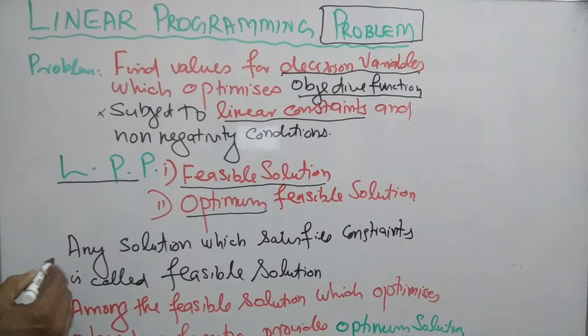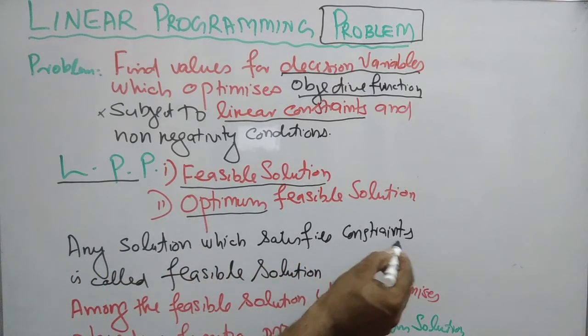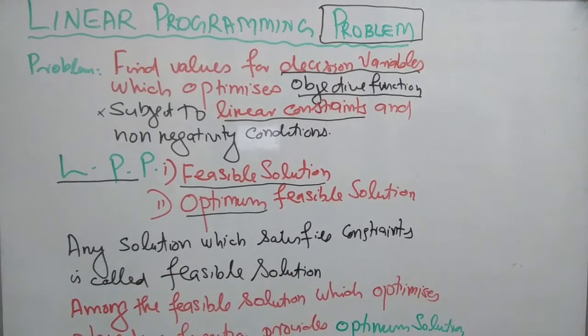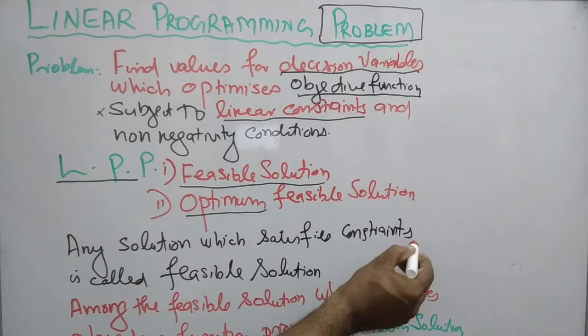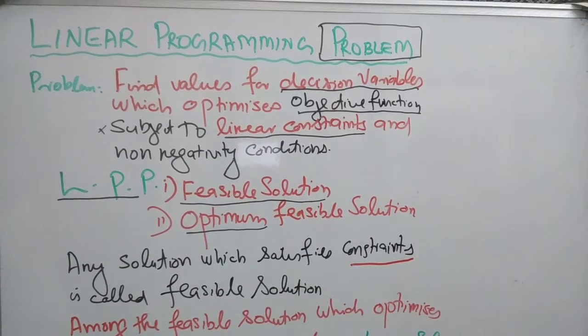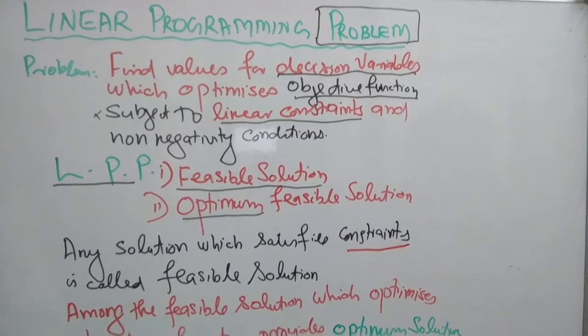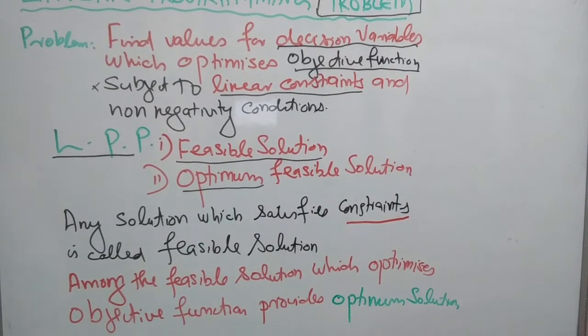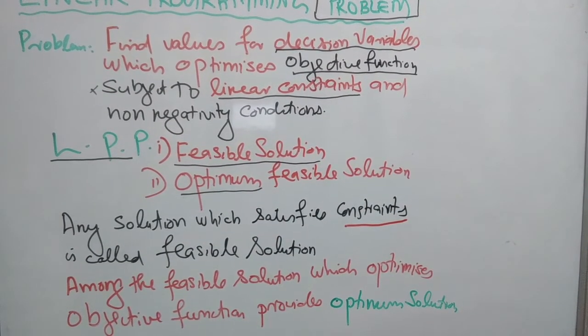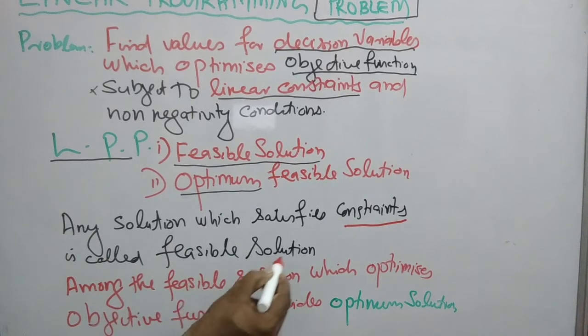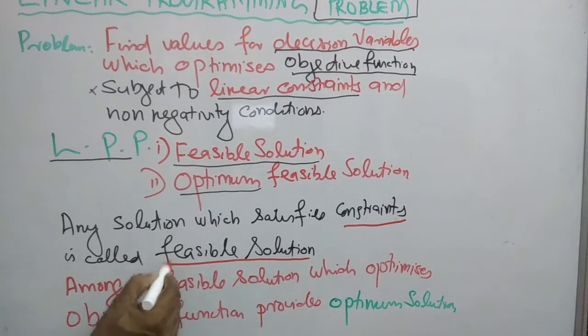Once again, any solution which satisfies constraints is called a feasible solution. That is the first stage. We are looking for availability and requirement conditions. Any solutions which are suitable for our constraints are called feasible solutions.